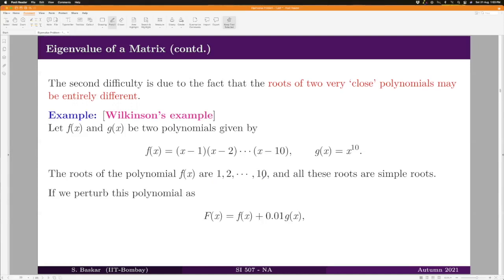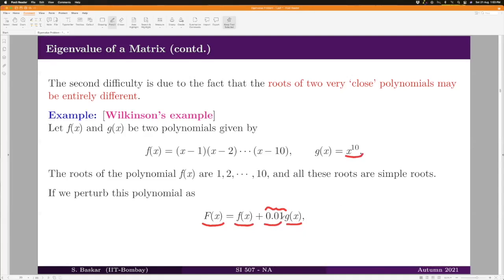Now what we will do is define another polynomial, capital F of x, where only the leading term coefficient is slightly perturbed. Say we are perturbing by 1%. We keep f of x as it is, and then take x to the power of 10 and multiply it by 0.01.